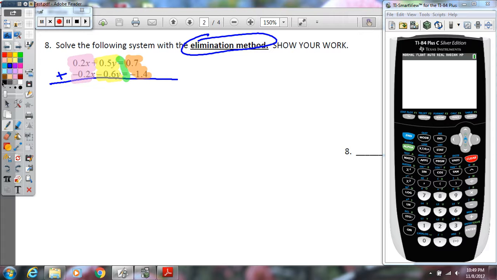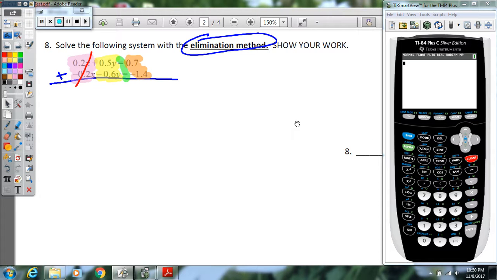Before I start adding, is something going to cancel? Is one of those variables, not the plain number, but one of the variables? Well, yeah, right here, this 0.2x and negative 0.2x, guys, if you add 0.2 and negative 0.2, they get you 0. So they're gone. Now, 0.5y and negative 0.6y. I don't know why, but guys, sometimes decimals mess with me.